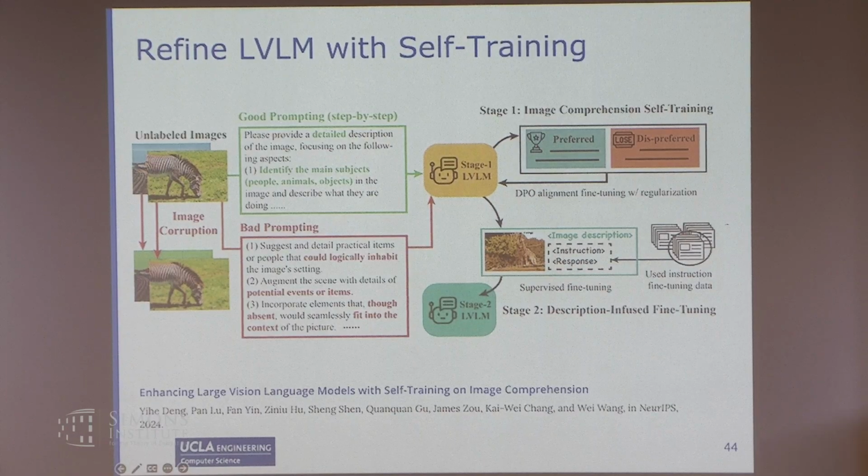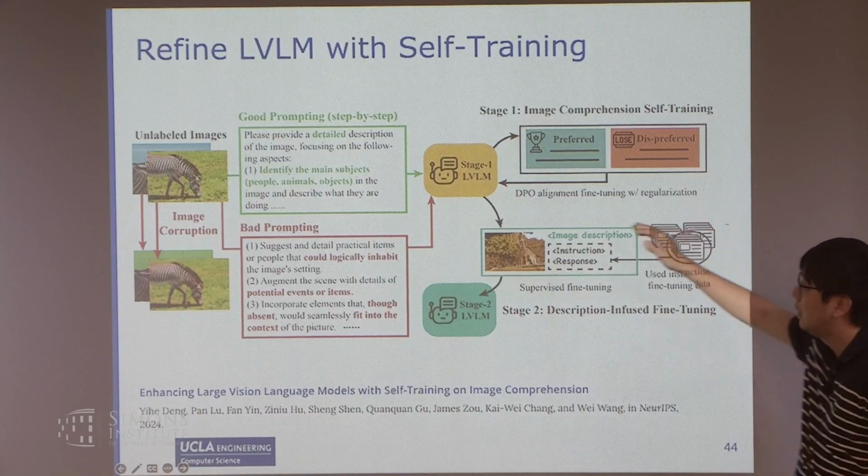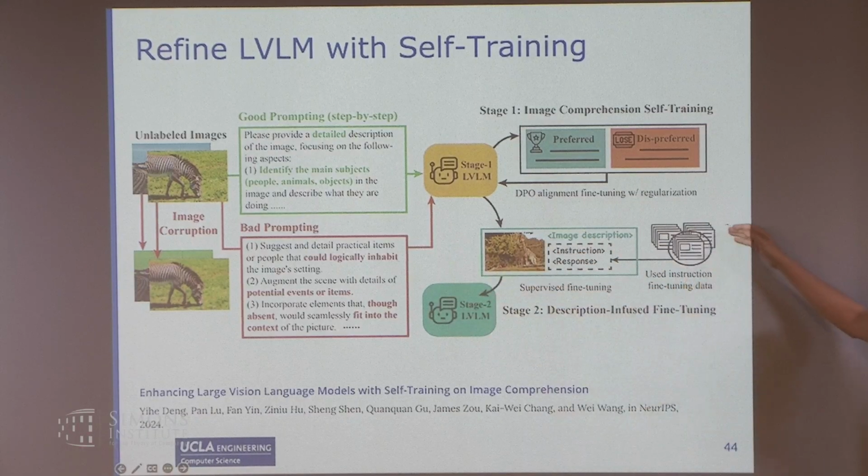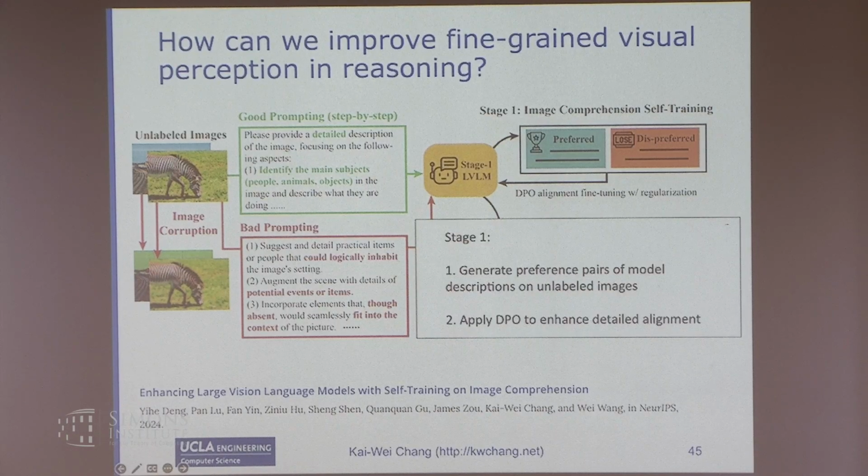Once you have that, you can train the model with these image descriptions, so that the model learns how to use that detailed difference to find the difference. So basically it is a two-stage approach. First, generate some good and bad prompts and apply a preference ranking method to let the model learn the difference between the two. Then the second stage is training the model by seeing those captions.